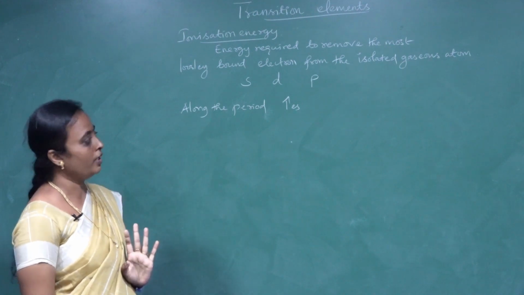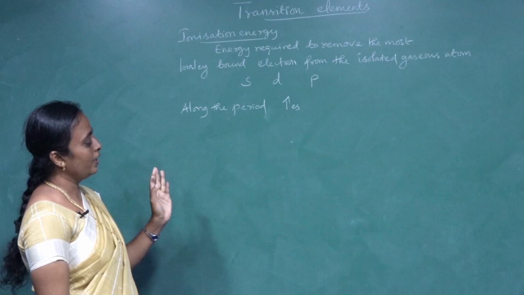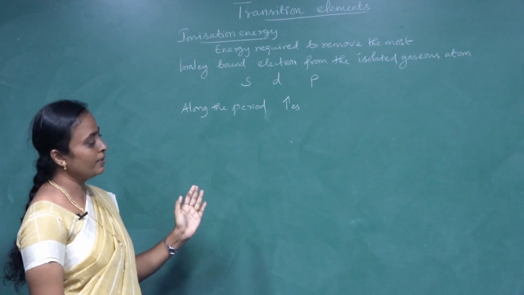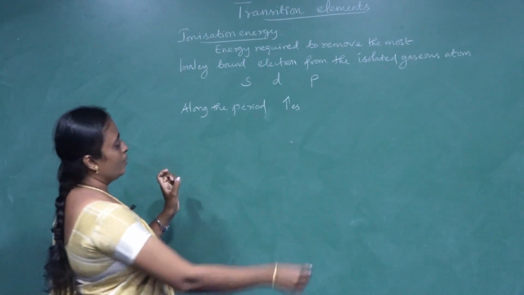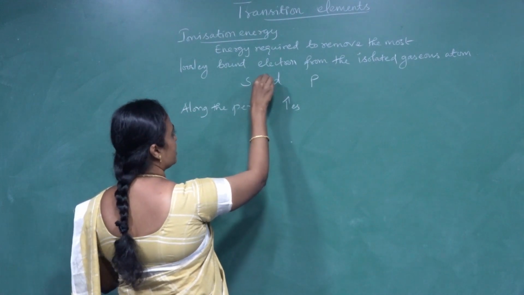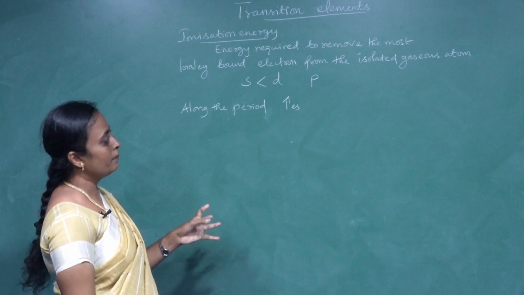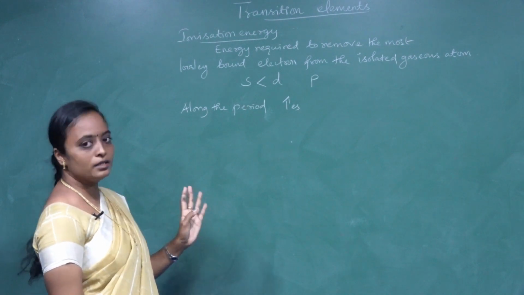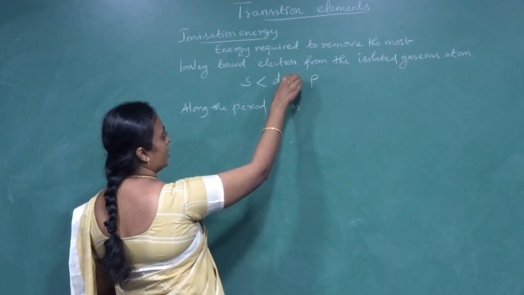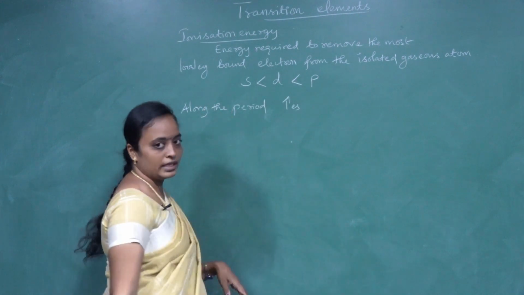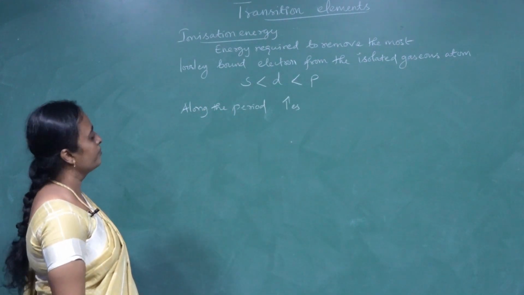Based on this, if you compare S and D, the ionization energy of D is greater. If you compare D and P, the ionization energy of the P block element is greater. This is a general explanation.